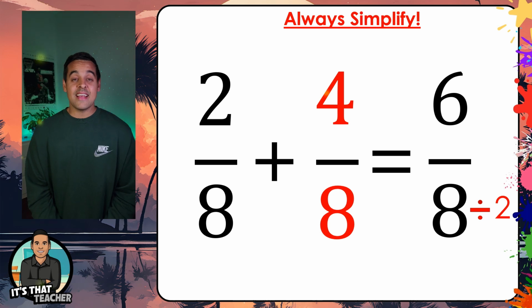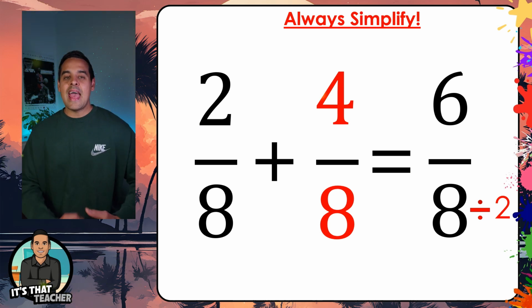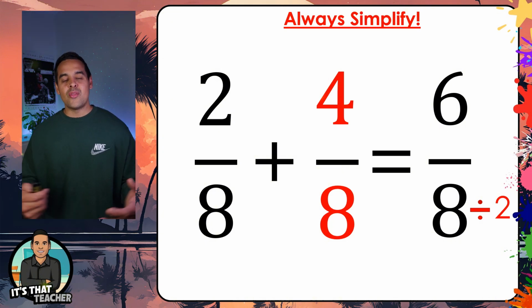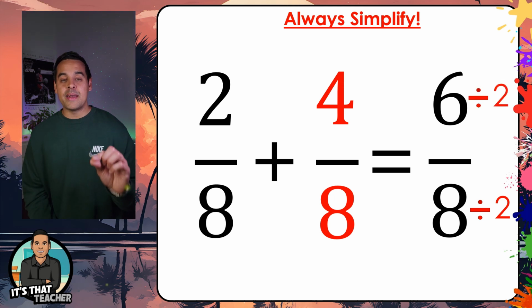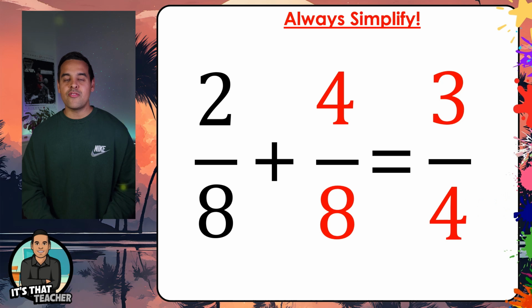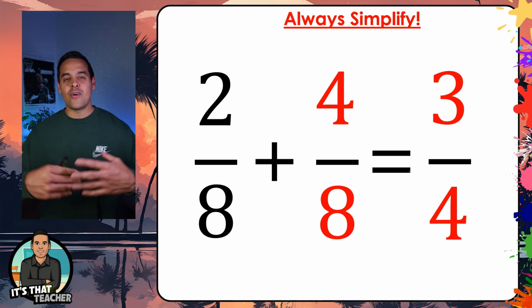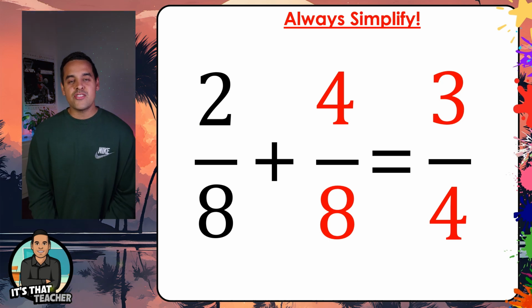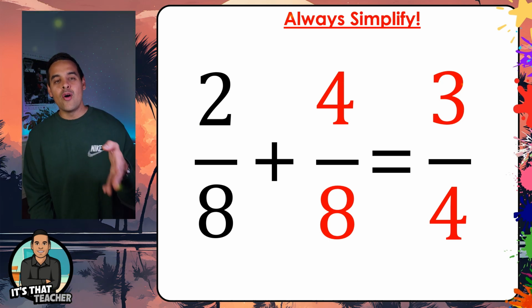So we know that that is actually going to be 2, because the number 2 can be divided into 8 and the number 2 can be evenly divided into 6. So that is going to be the number. Now, 8 divided by 2 is going to be 4, and 6 divided by 2 is going to be 3. So your fully simplified fraction here is going to be 3/4.